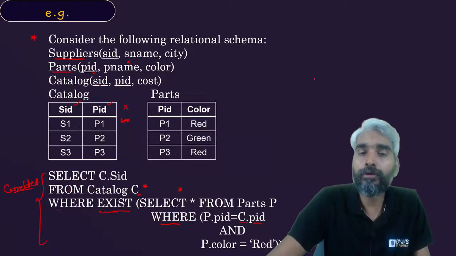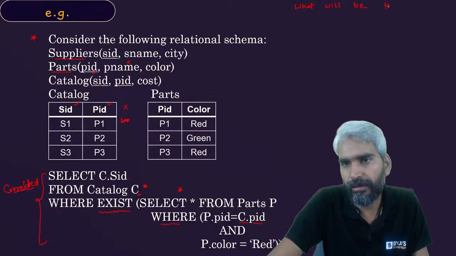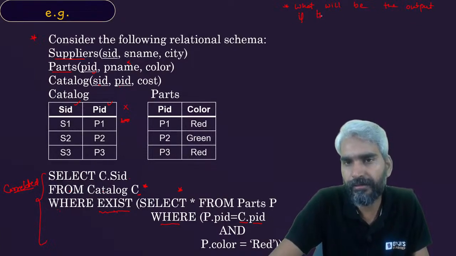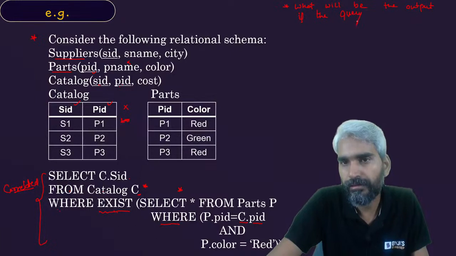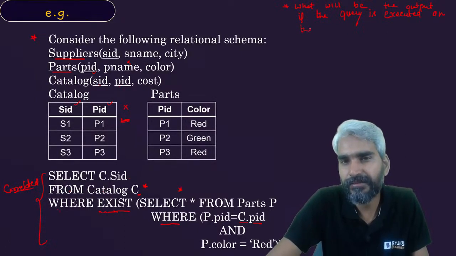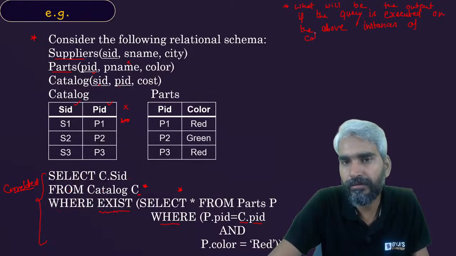Now, what will be the output? My question is, what will be the output if the above query is executed on the above instances of catalog and parts?